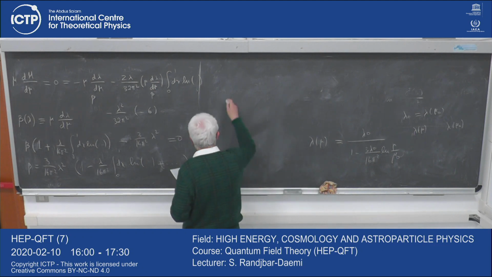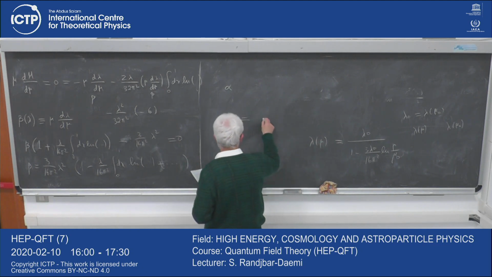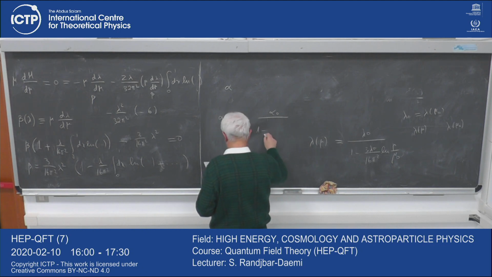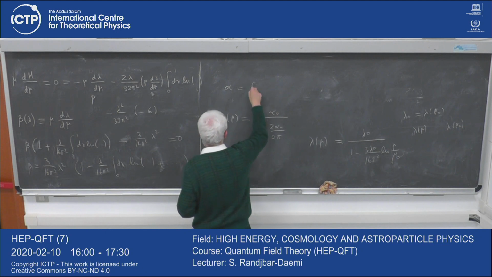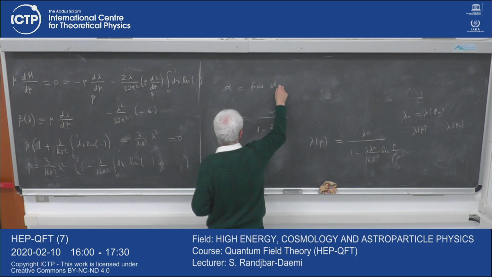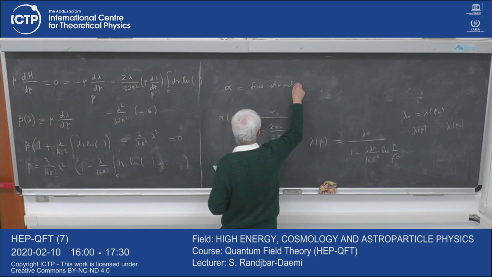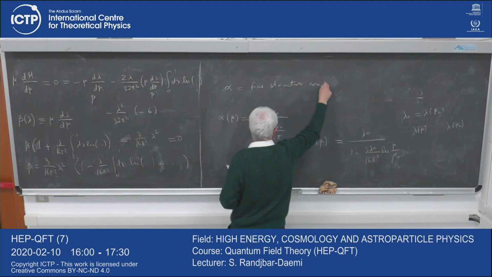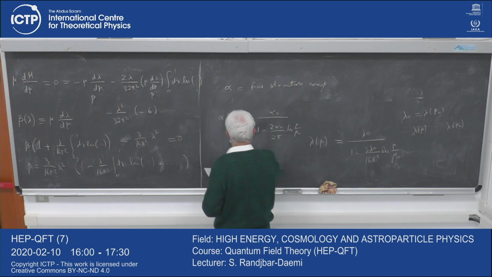In place of lambda, we will have the fine structure constant, and the analog of that relation will become alpha 0 divided by 1 minus 2 alpha 0 divided by 2 pi, where alpha is the fine structure constant, e squared divided by 4 pi, times log of mu over mu0.